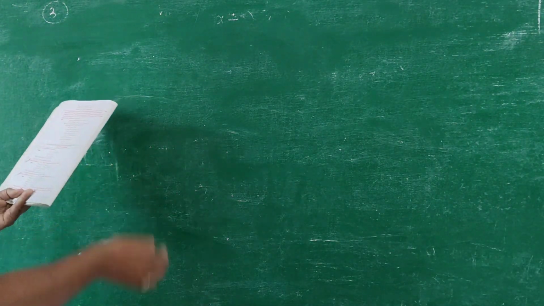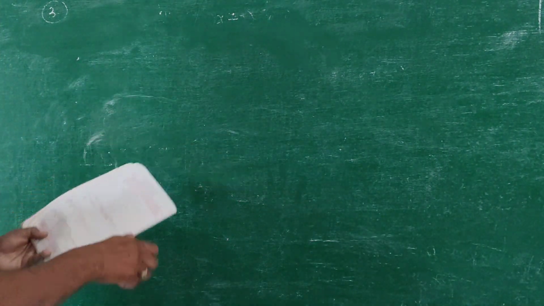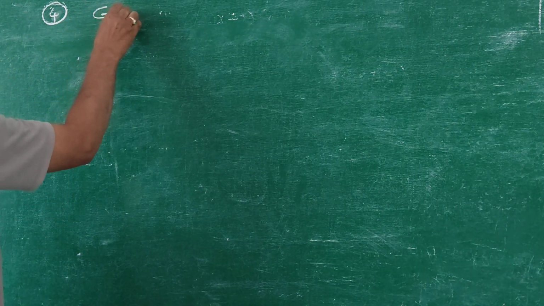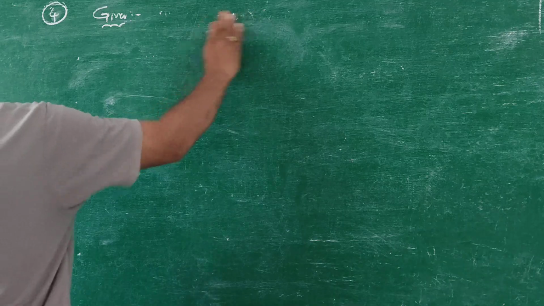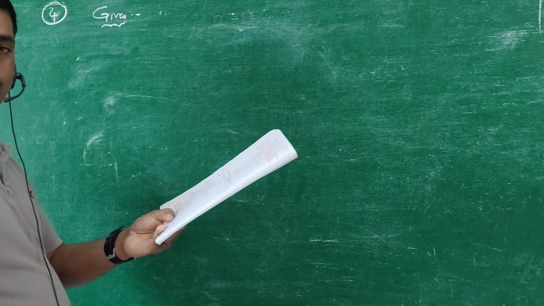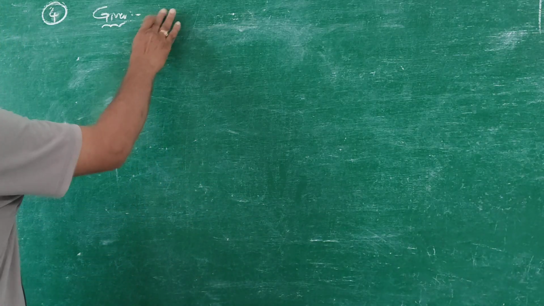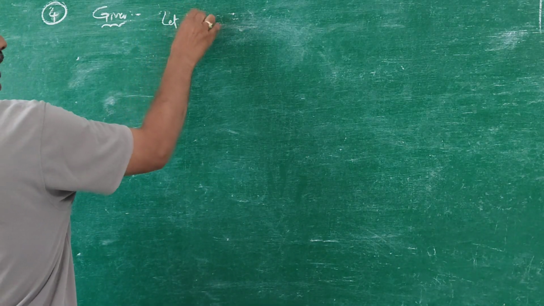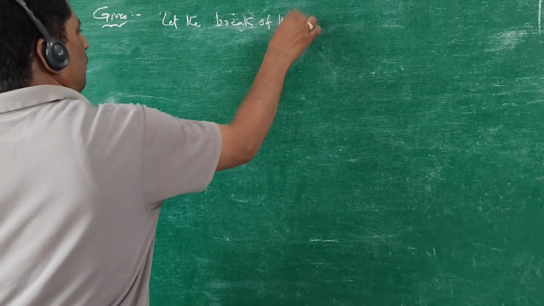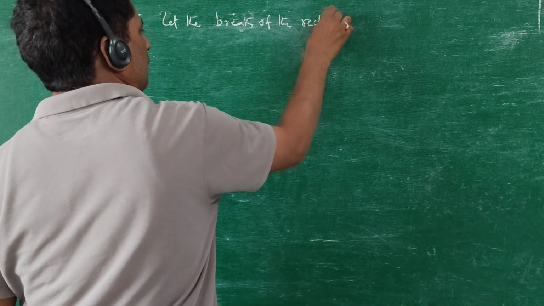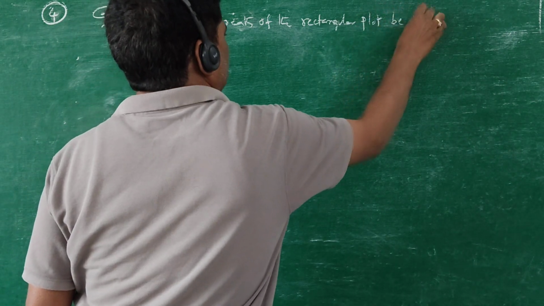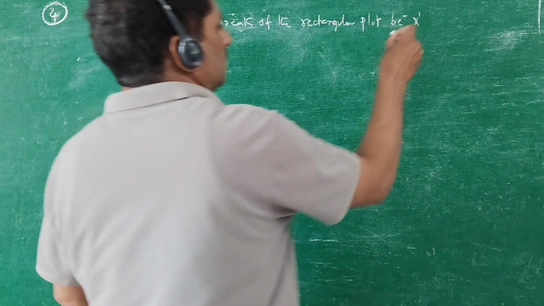Okay. So what is the question here? The area of the rectangular plot is given as 528, and the length of the plot is 1 more than twice its breadth. Now I have to write: let the breadth of the rectangular plot be x meters.